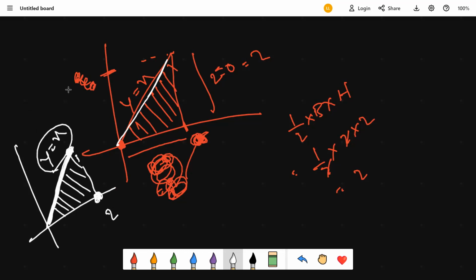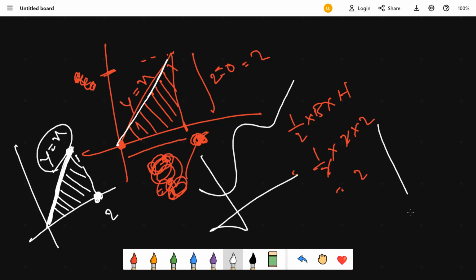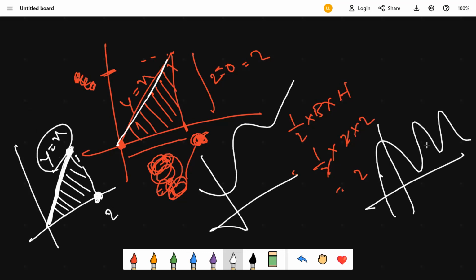But when things get a bit more complex, let's say we have this sort of equation, this sort of curve, then how do you find, let's say, this specific region's area? In that moment, that's not going to work because we don't know the formula for those regions.